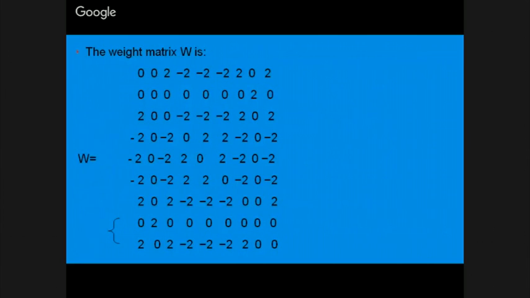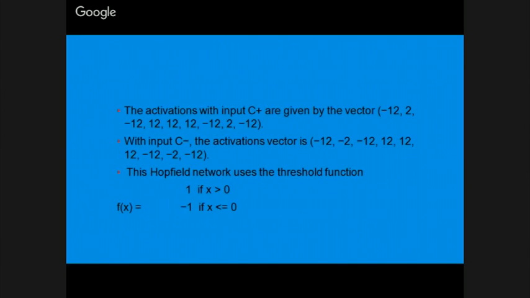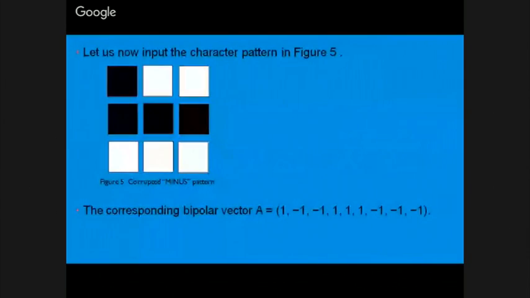For the first pattern, we will take the transpose and multiply. For the second pattern also, we will take the transpose and multiply, and then we will add. So addition will give us this weight matrix. Now if this is the weight matrix, and if the input pattern is plus, then what would be the activations for C plus?